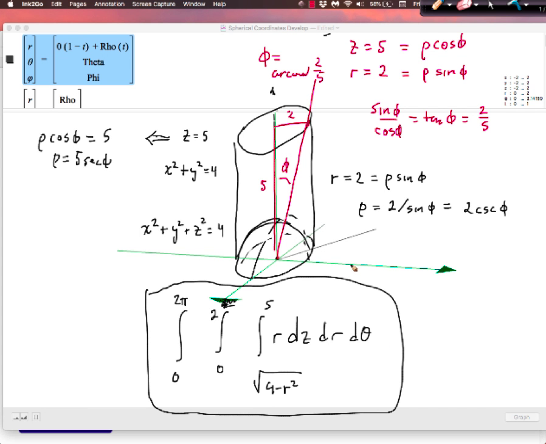Because you're bounded on the top by 2, but on the bottom, it's not 0 anymore because it doesn't go from the z-axis. It starts from the edge of the. Yeah, that's what this is right here. Oh, okay. Yeah, what you're saying is all exactly correct. And that's right there. That's the sphere, right? So the lower bound of z is the sphere.